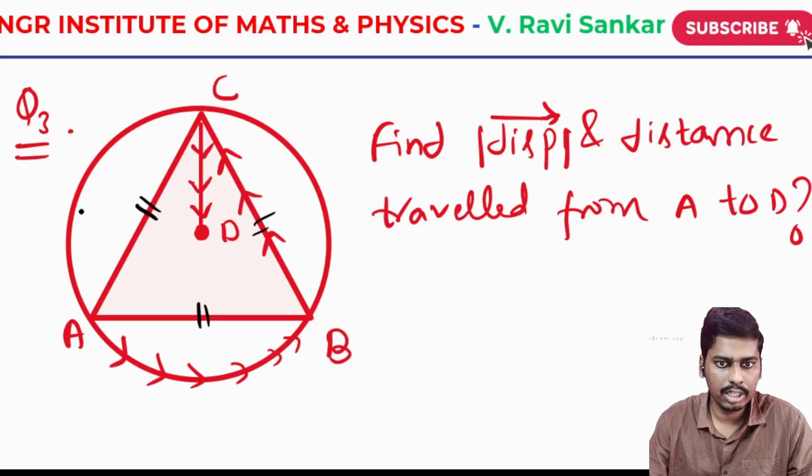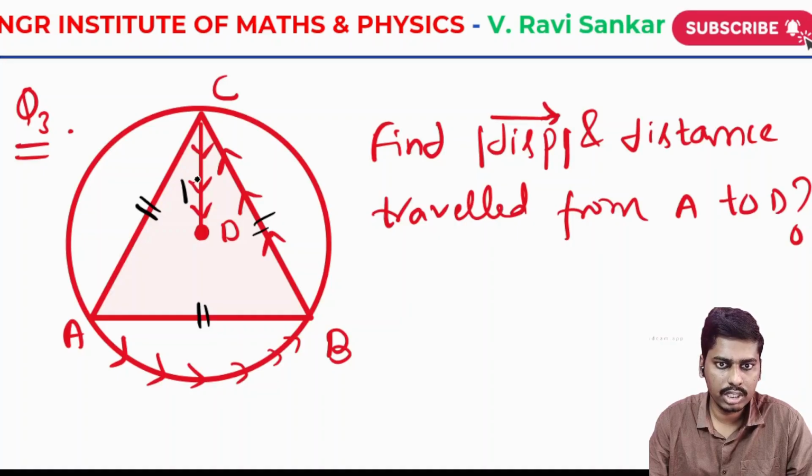From B to D, we need to know the value. Since it is an equilateral triangle, what is this length?